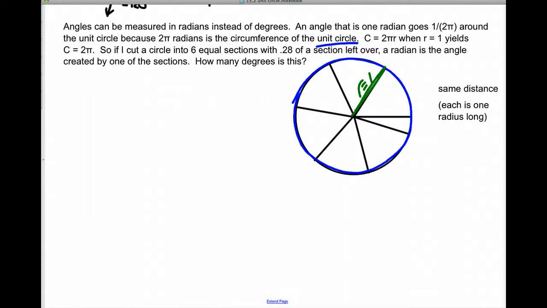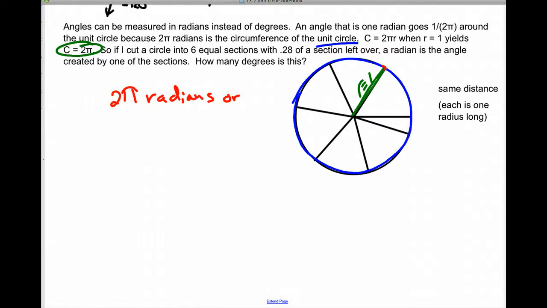And the distance around that unit circle then would be simply 2 pi, because 2 pi r is how you find circumference. If I put a 1 in for r, I get 2 pi. I could say that if I went for a walk around this circle, I would walk 2 pi radians.